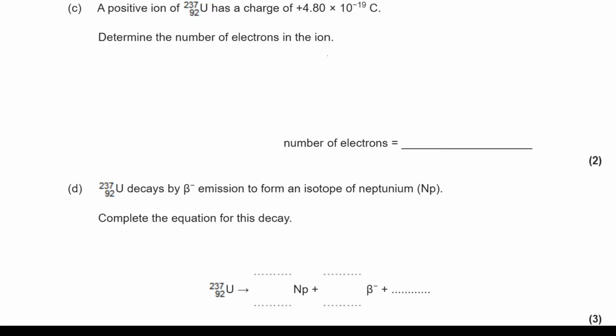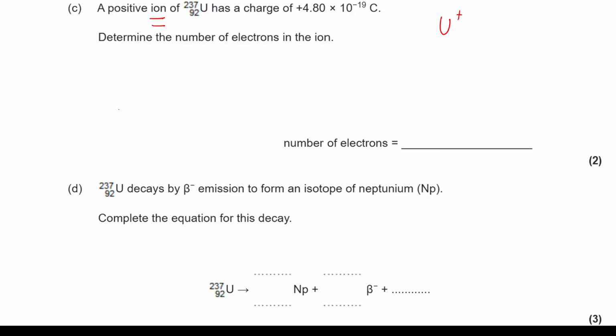Okay, let's do this one. A positive ion of uranium, so now it's talking about an ion, not the nucleus, has a charge of plus 4.80 times 10 to the power minus 19 coulombs. That means it has extra protons, isn't it? An ion, when it has a positive charge, simply means it has lost electrons. How many? Let's find out.